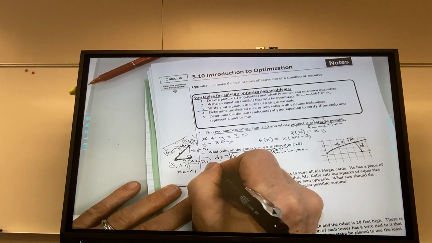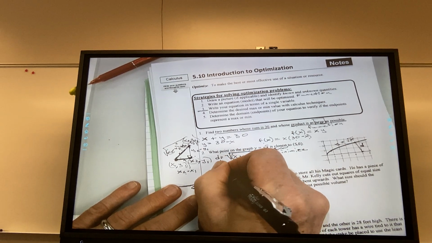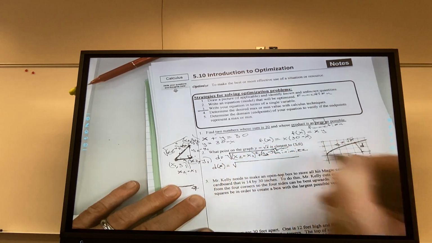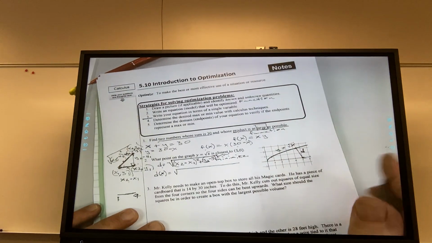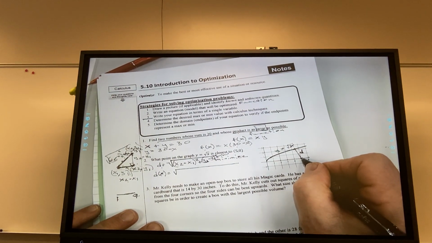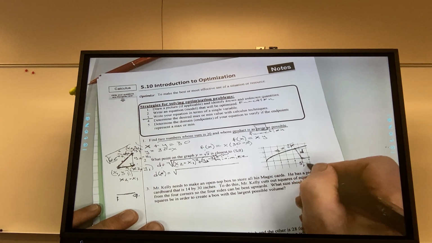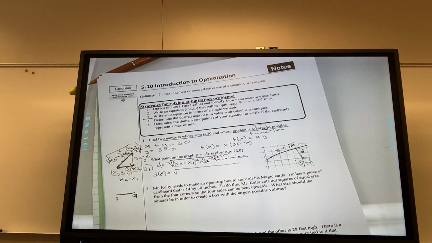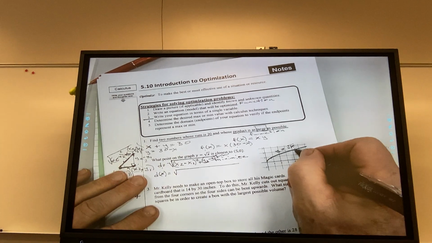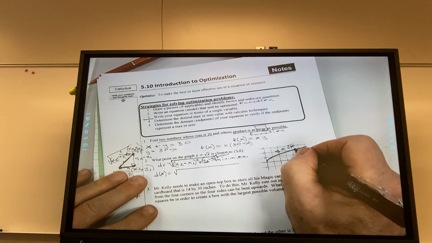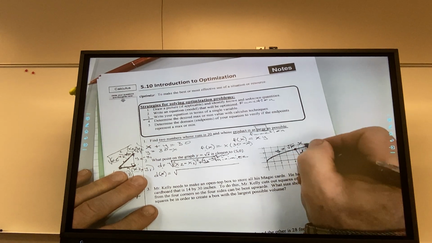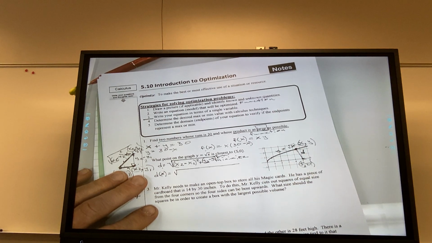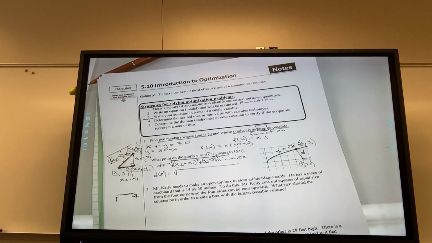So I'm going to make it into a function. And I'm going to get rid of some things. I know this point right here. This point is 5, 0. Correct? This point I don't know. I can call it x, y. Everybody with me so far?